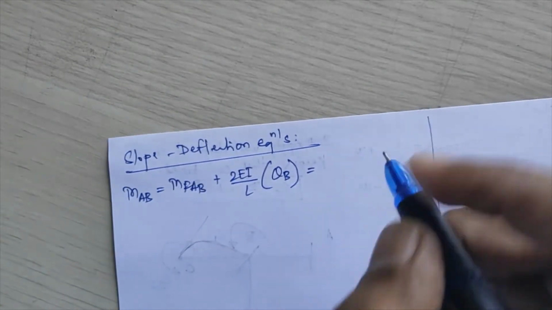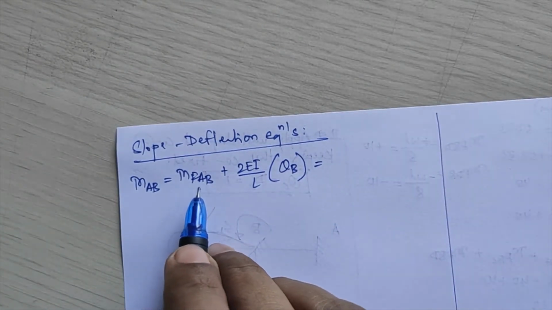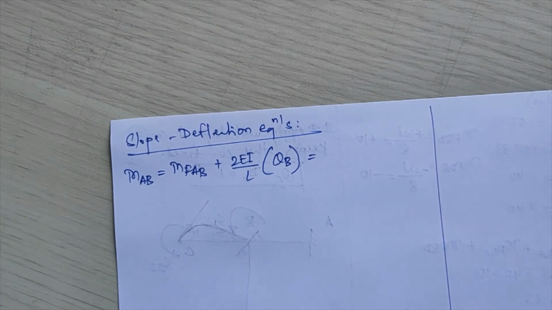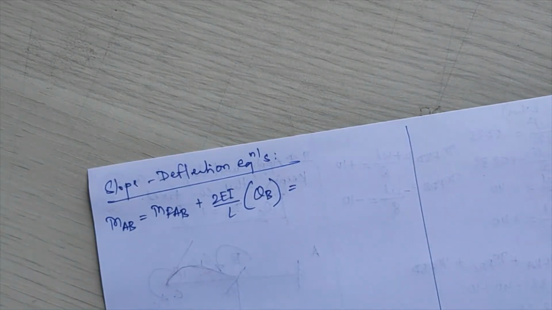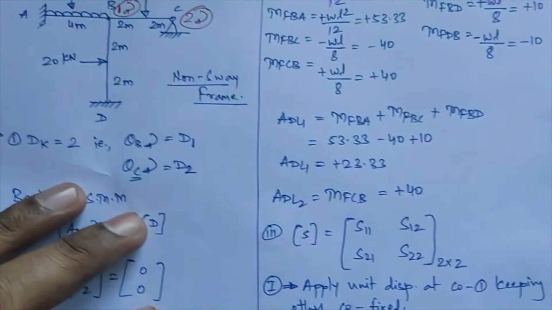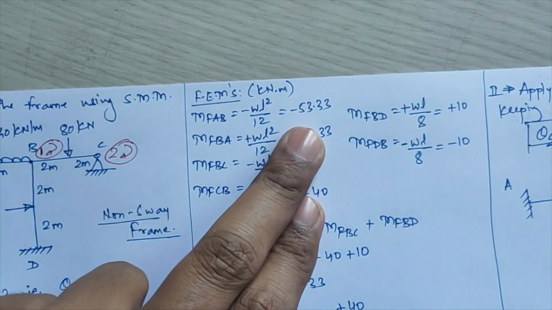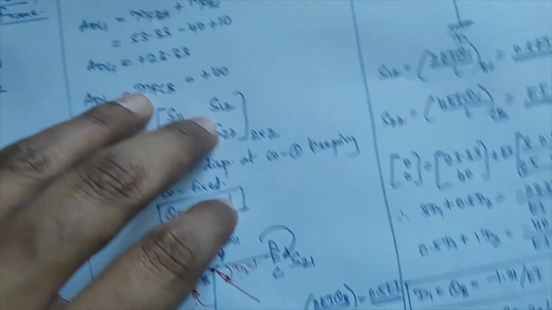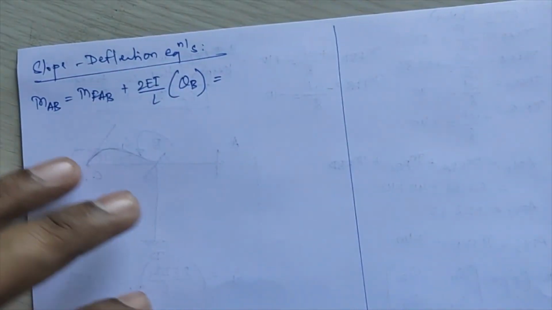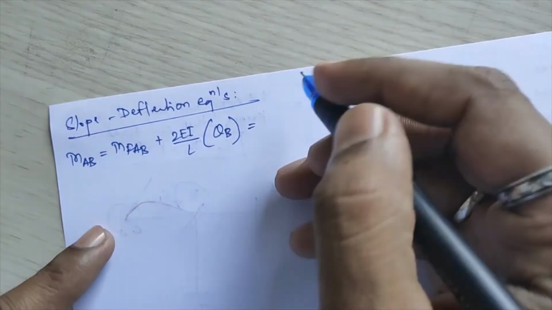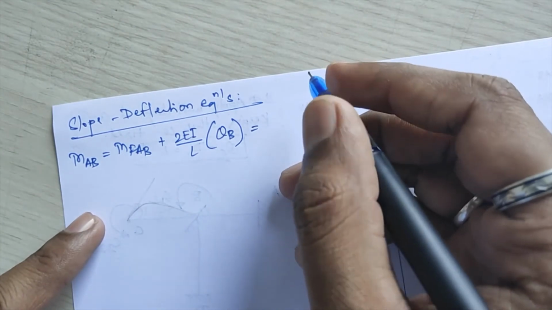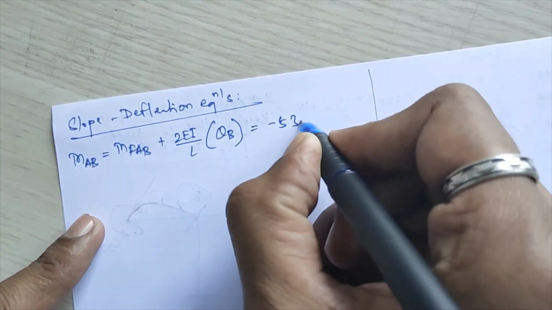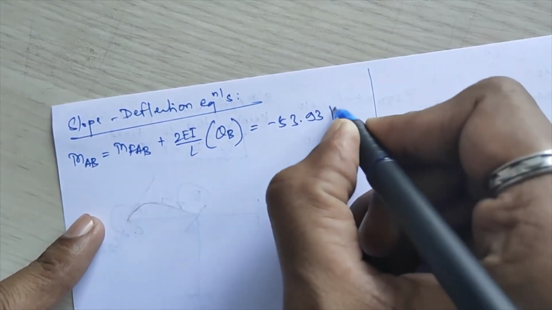Okay, so if I substitute MFAB, that I have got as minus 53.33, okay, and 2EI upon L into theta B value, that is minus 1.21, so I have got MAB is equal to minus 53.93 kilonewton meter.